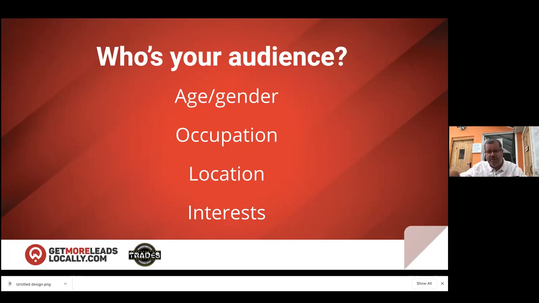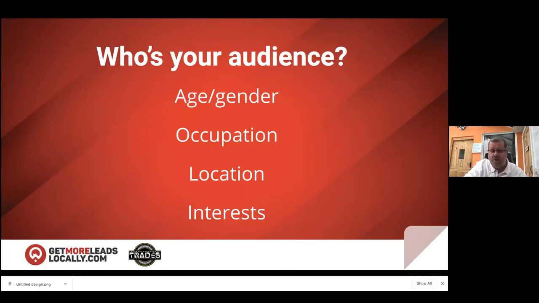So if you're running your own campaigns, or you're going to in the future, be a little bit aware of that, because let's say you want to target people that live in London, but you've got your campaign set up incorrectly. You might be targeting people that live outside of London and are geographically showing their location as being in London. So you need to adjust that, whether you want people that have visited a location recently or live in a particular area. And then you can target interests as well.